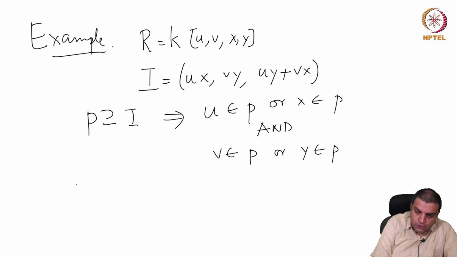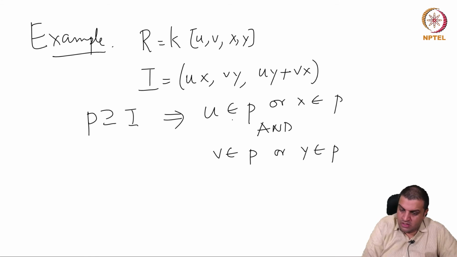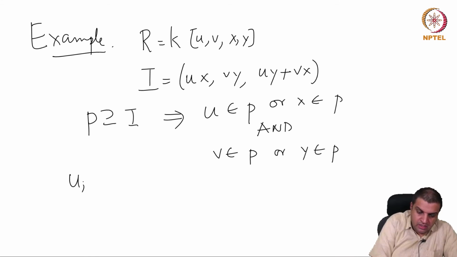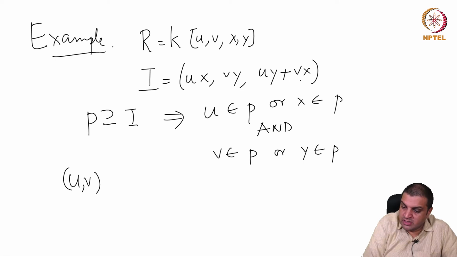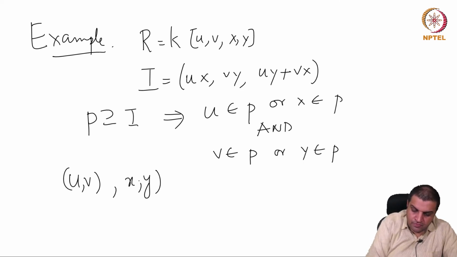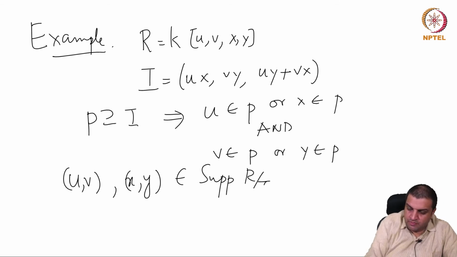Okay, so suppose u is not there in P. First of all, u comma v is a possibility. We can just explicitly check, enumerate them. For u comma v, this term is there, this term is there, and this term is there. Similarly x comma y are both in the support of R mod I.